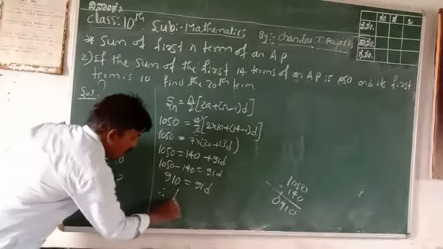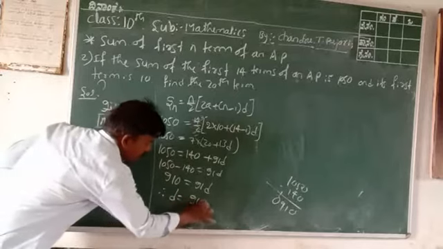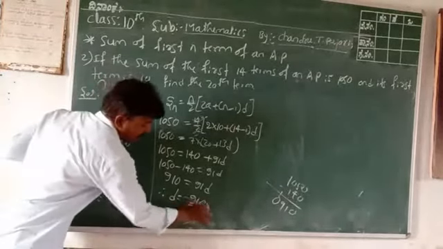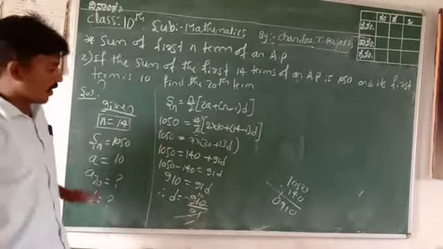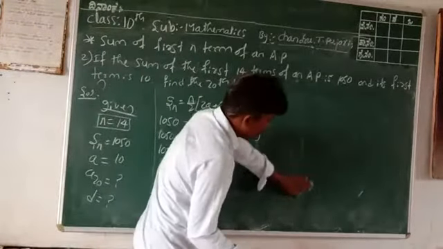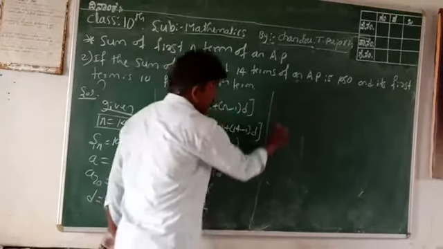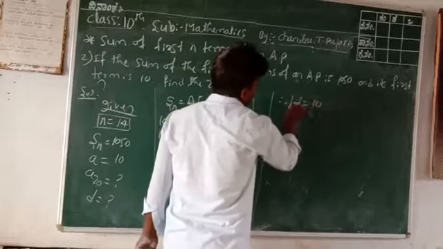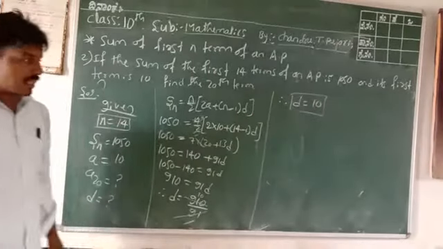Therefore, our d value is equal to 910 divided by 91. So d is equal to 10. Got it? You got the d value.